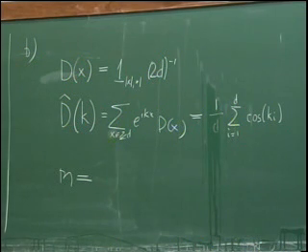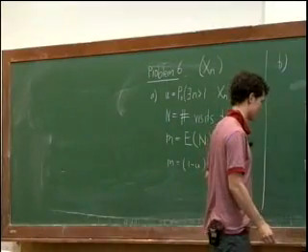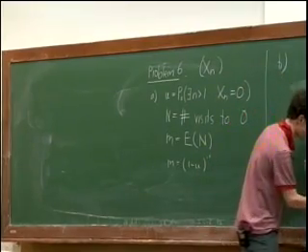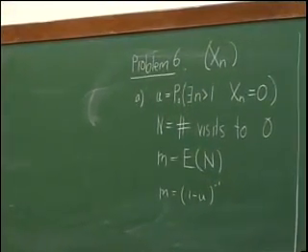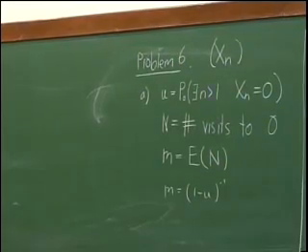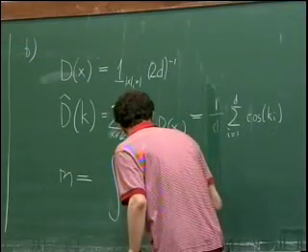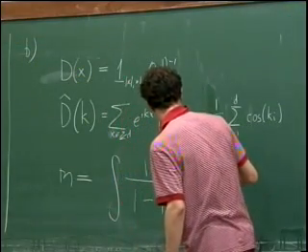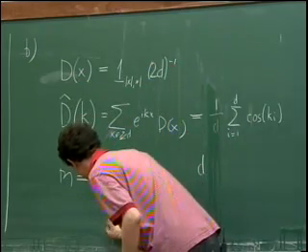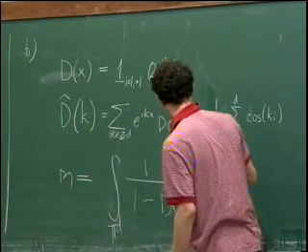And problem B is to show that m, the expected number of visits to the origin, can be expressed as the integral of 1 over 1 minus d hat of k, integrated over the d-dimensional torus.